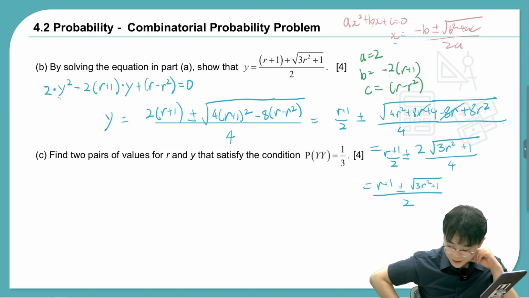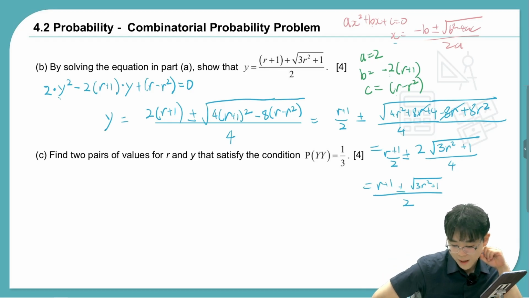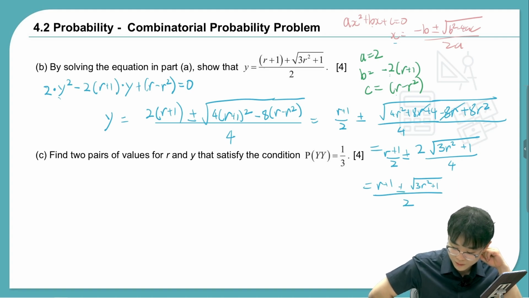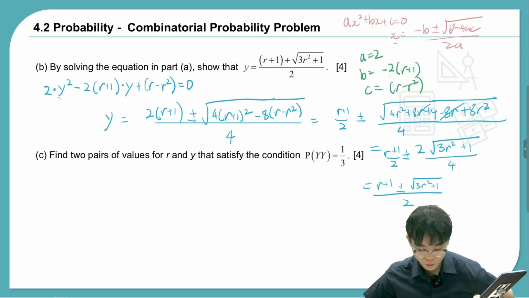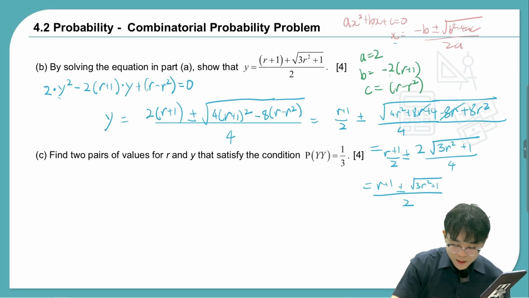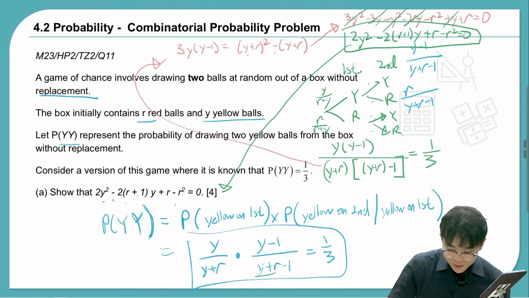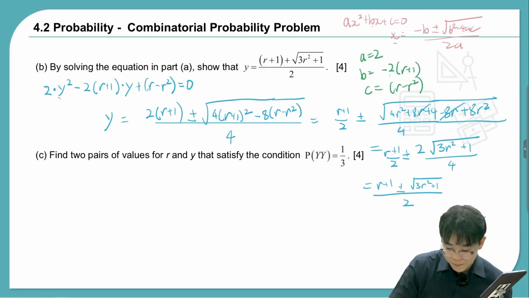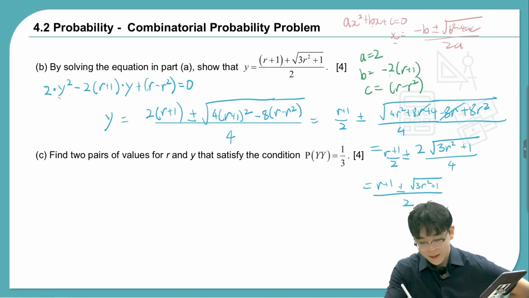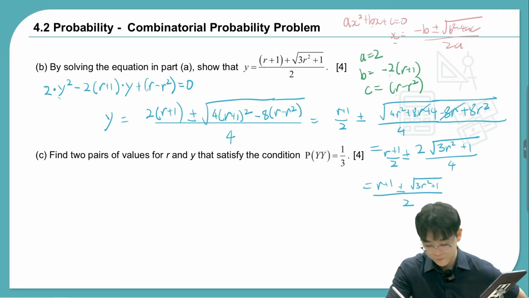So there's probably a condition that makes it so that the minus sign doesn't work, right? So why would that be the case? So chances are, y stands for the number of yellow balls. So we don't know what the minimum value of y might be, but if we actually subtract this, chances are square root of 3r squared plus 1 is definitely going to be greater than r plus 1, right?